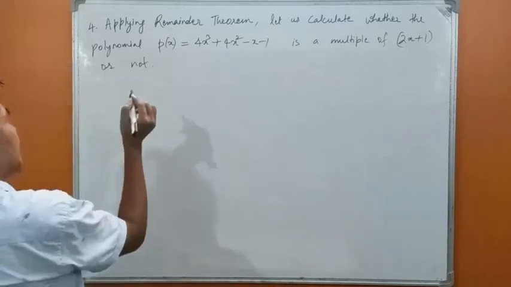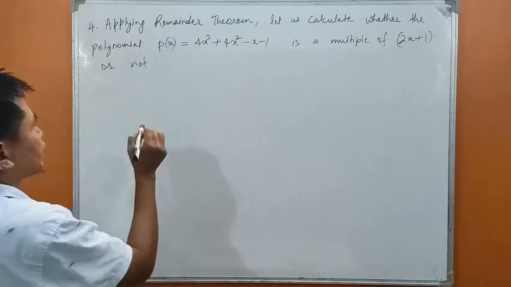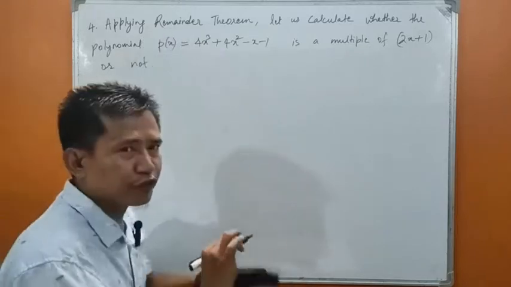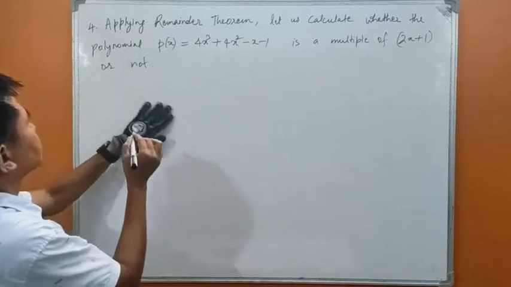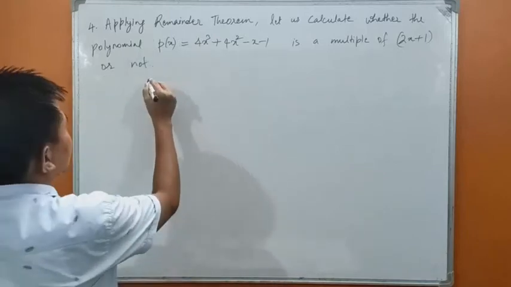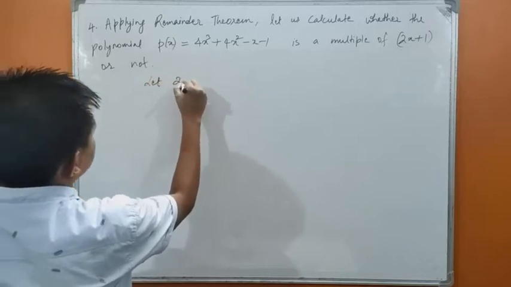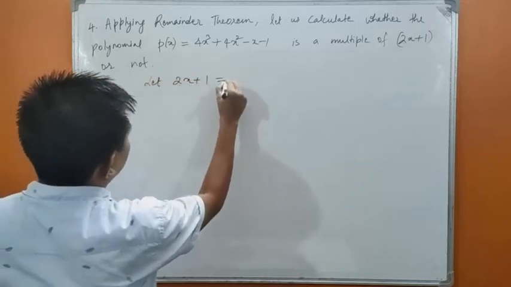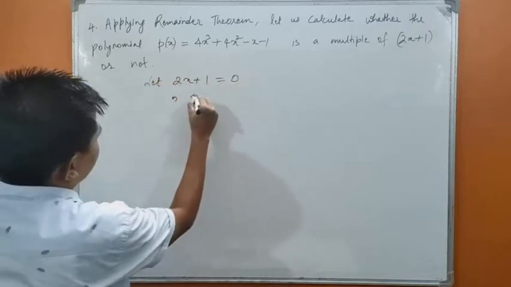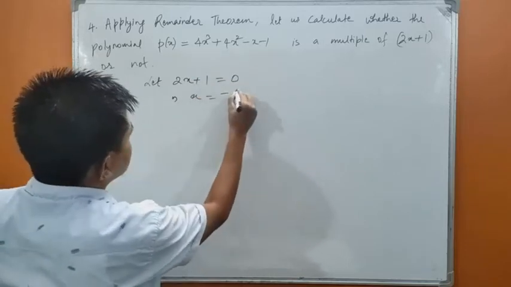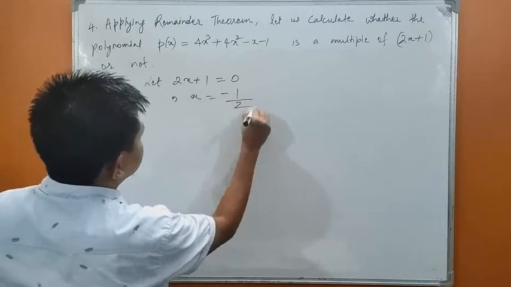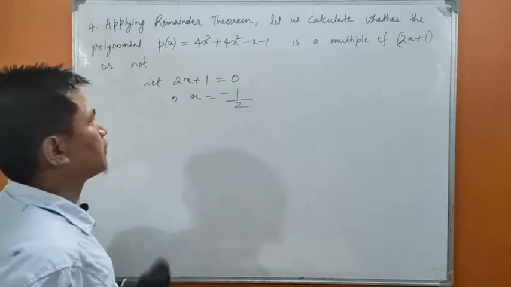By applying the remainder theorem, we do not divide by the traditional algebraic division method, the usual division method. Let 2x plus 1 equal 0. In this case, the plus 1 when taken to the right hand side becomes minus 1, and this 2 comes in the denominator, isn't it? x equals minus 1 upon 2.